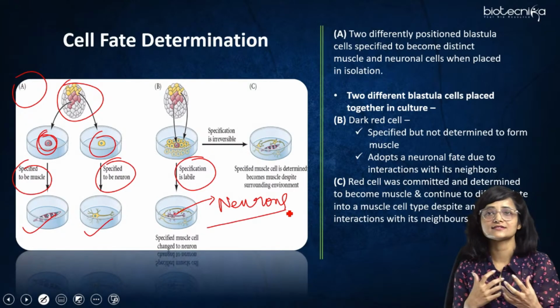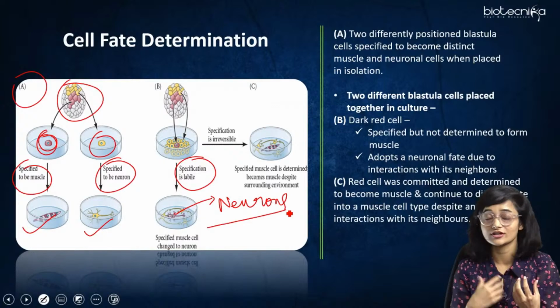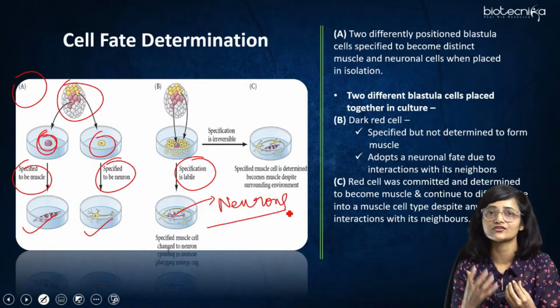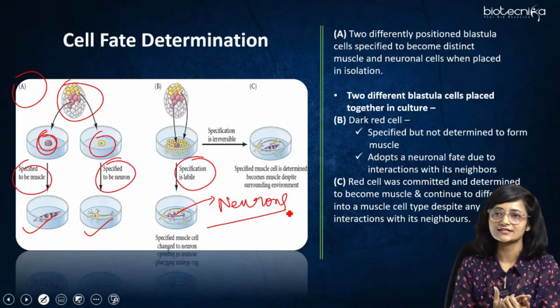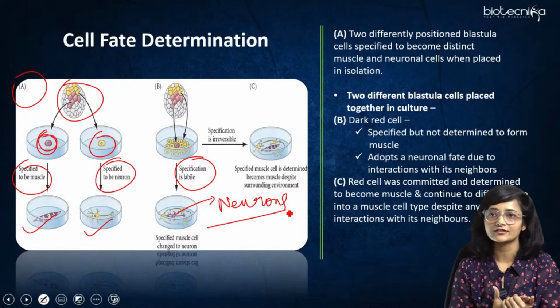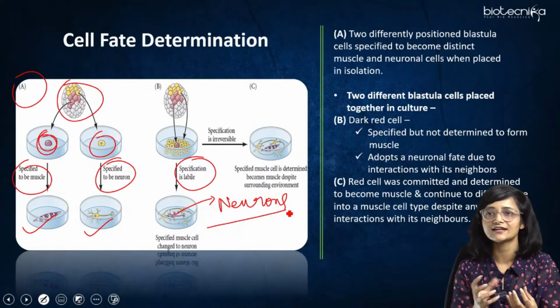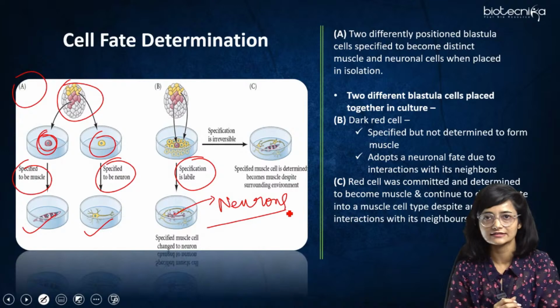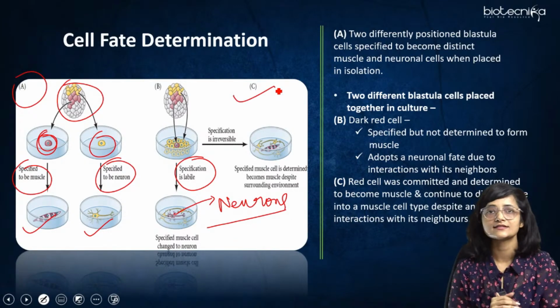So there is reversibility. You can see that the cell can revert back. It depends upon the external factors. Depending on what kind of external factor you give, the cell can revert its cell fate.